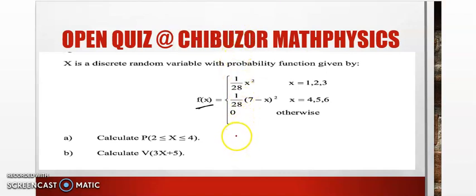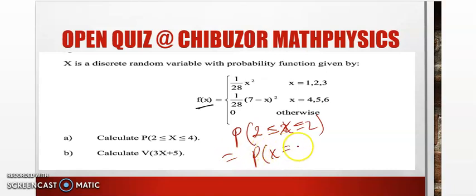So the probability of 2 less than or equal to x less than or equal to 4 simply means that we are taking the probability when x is equal to 2, plus the probability when x is equal to 3, and the probability when x is equal to 4.